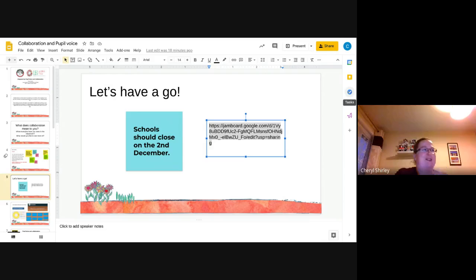And again, you could probably imagine what this would be like in a class environment, where you've got lots of children that have got lots of opinions. And I suppose you can see when you're typing, if you've got the whole class in this, yes, your initials do come up in the corner, but it is quite difficult to see what child is saying what in a whole class situation.